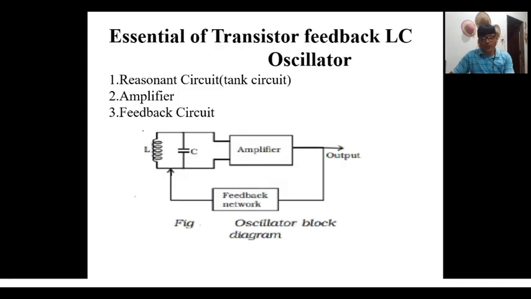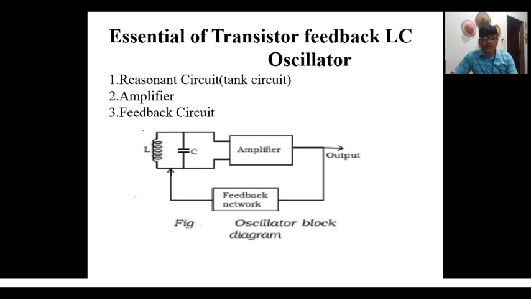Now see the essentials of a transistor feedback LC oscillator. In order to obtain continuous undamped AC output from the tank circuit, it is necessary to supply the correct amount of power to the circuit. The most practical way is to supply DC power to a device that converts it into the necessary AC power for the tank circuit.